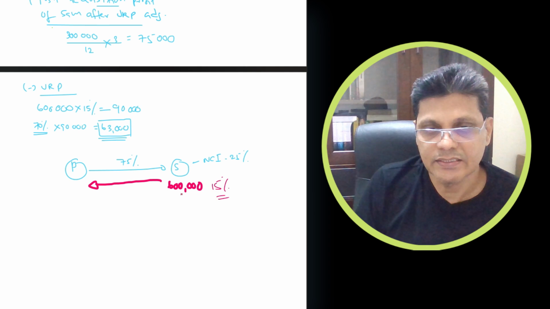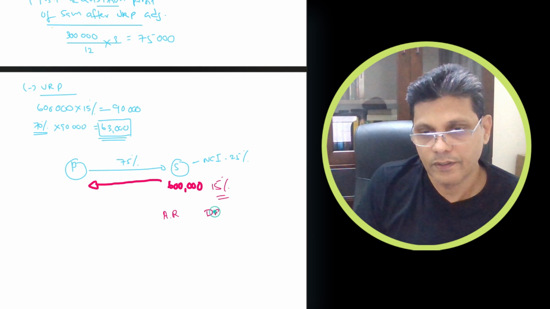Now, when S sells goods to P, what will be the double entry in S's book? They would have debited, since let's say it's a credit sale, accounts receivable account debit 600,000, sales account credited 600,000.